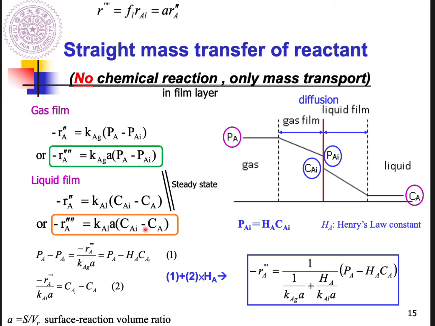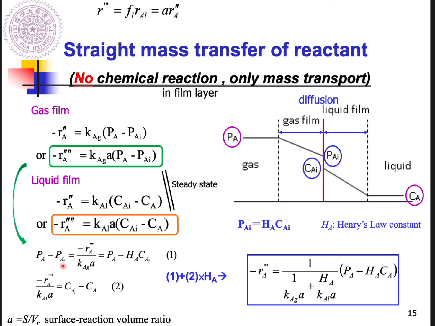And the following calculations are based on what? It's very difficult to measure, whether it's C_AI or P_AI, at the interface between gas and liquid. So the purpose is to eliminate P_AI and C_AI. So how to do that? We move k_AG a to the left-handed side, so we get the term r_A prime over k_AG a, equal to P_A minus P_AI.